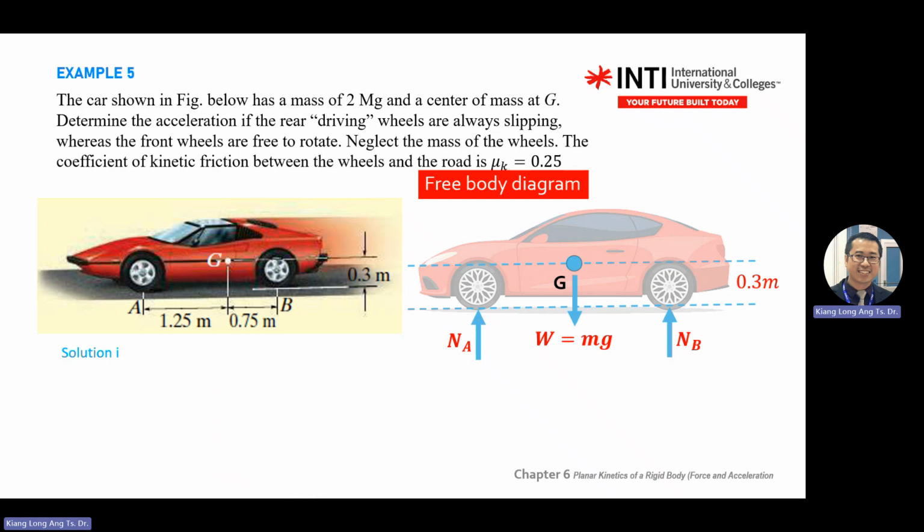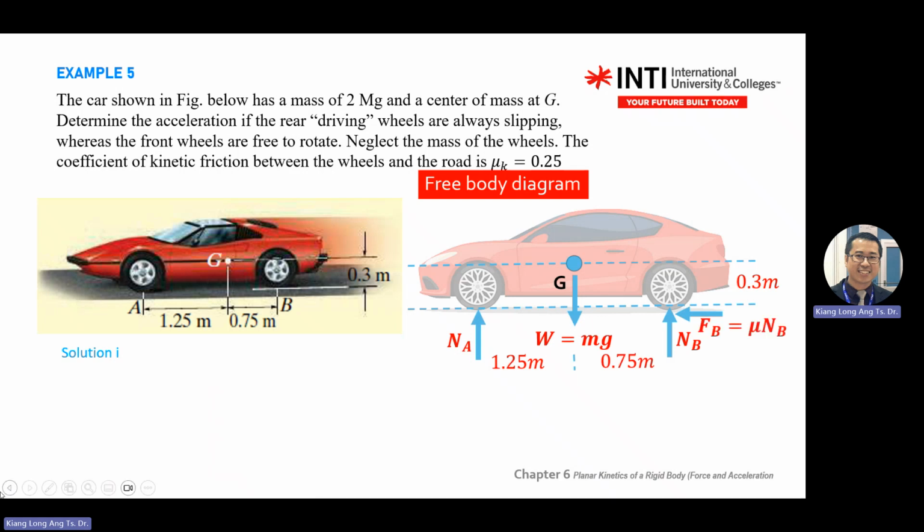You combine NA and NB as one in chapter 2 because you view it as a particle. But now you look at it as a rigid body, so you cannot split. You cannot see it as one. So NA, NB, copy the distance. The distance is to calculate the moment later.